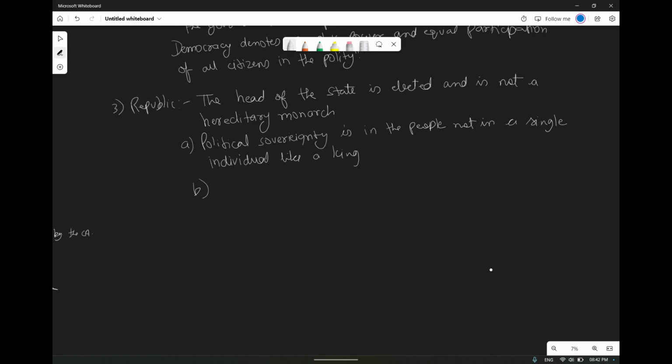It is not like that it is upper caste so he will sit on the chair. No, all the people should be given equal opportunity to sit on the chair. No discrimination should be present.